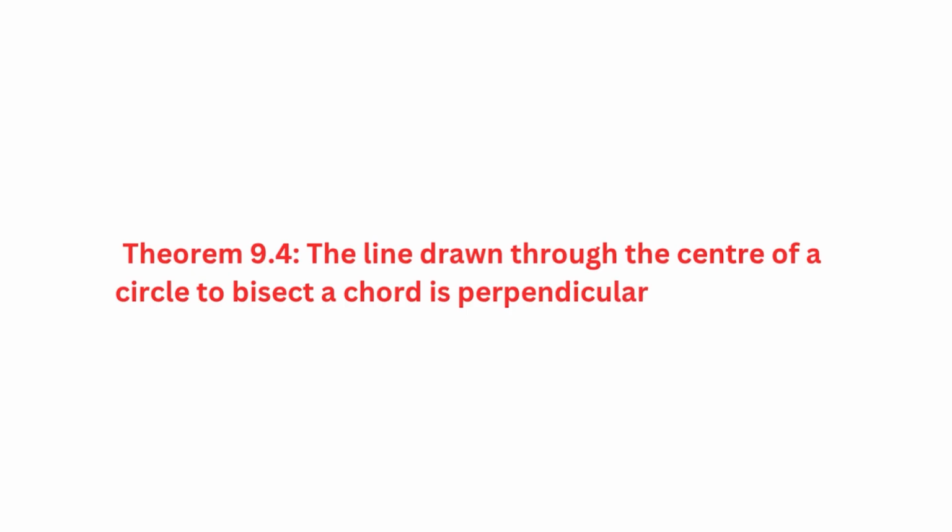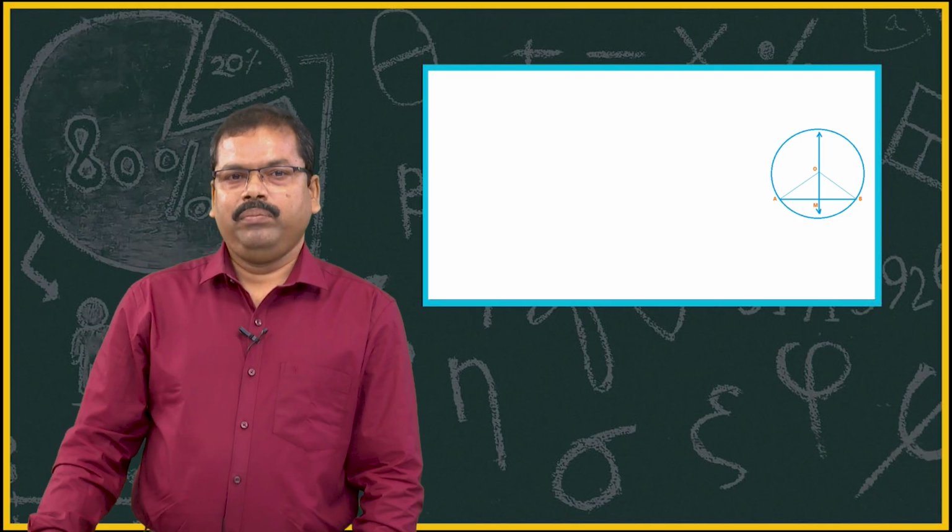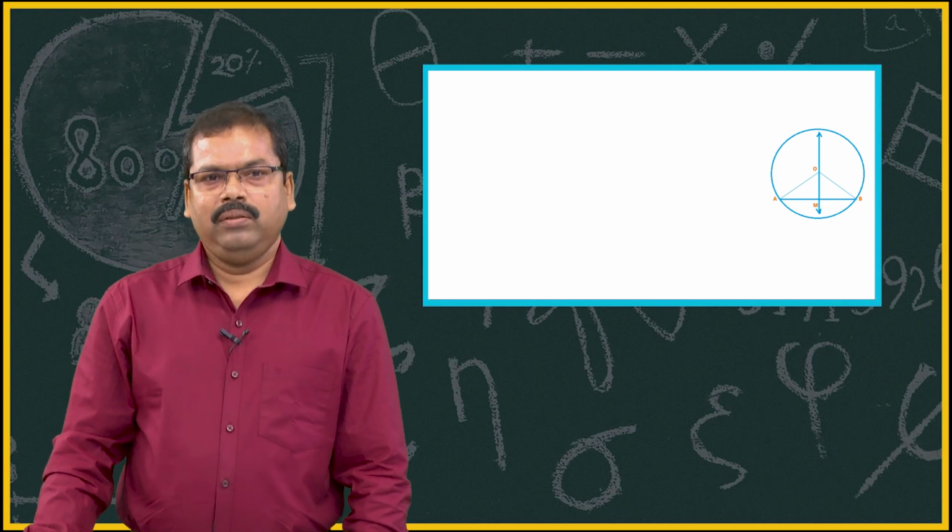Next, we will proceed to theorem 9.4. What is the statement? The line drawn through the center of a circle to bisect a chord is perpendicular to the chord. So, students, you see the diagram. What is given?